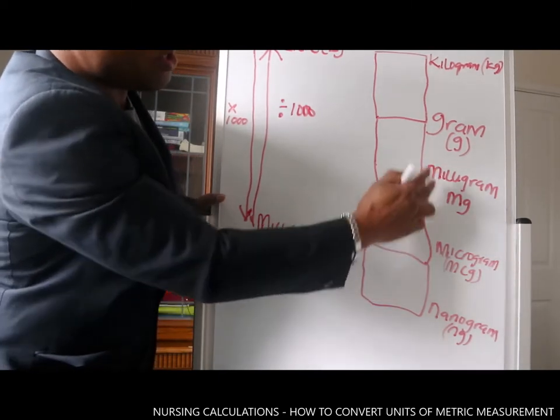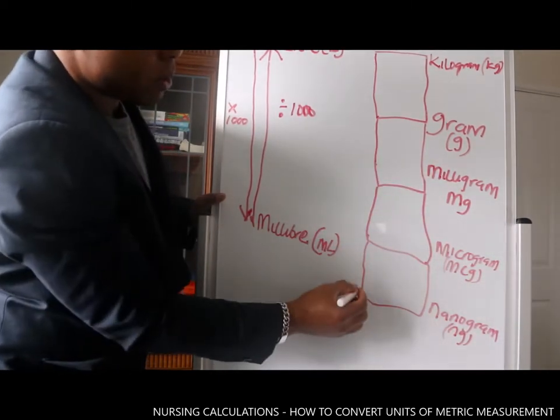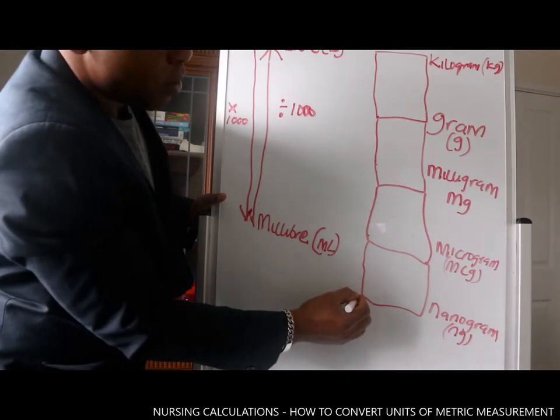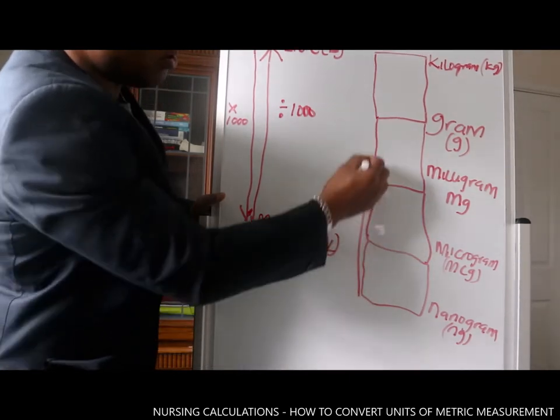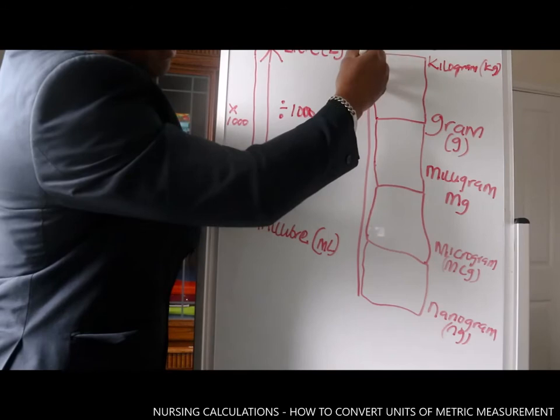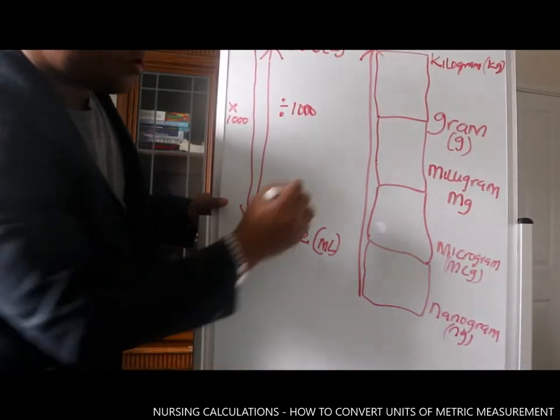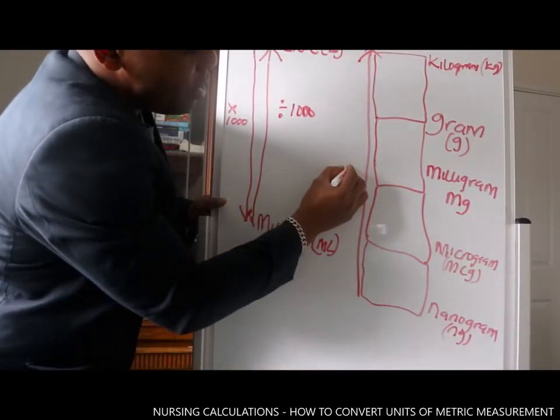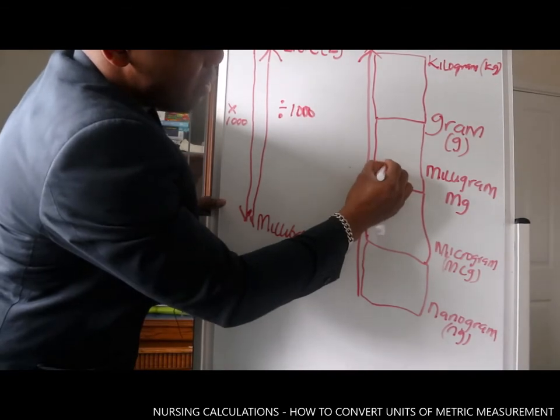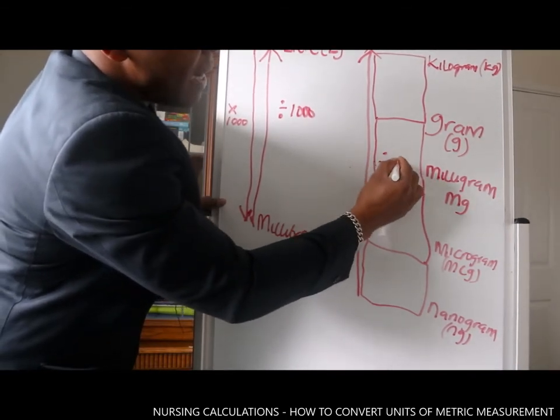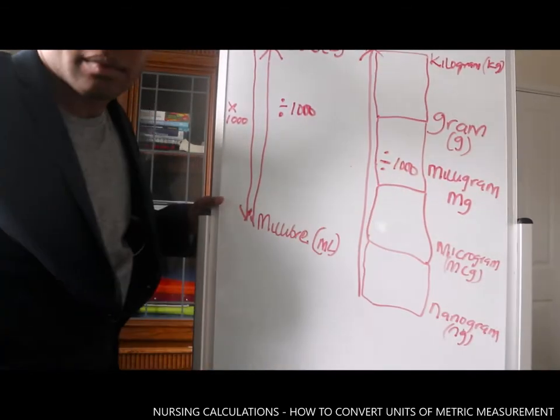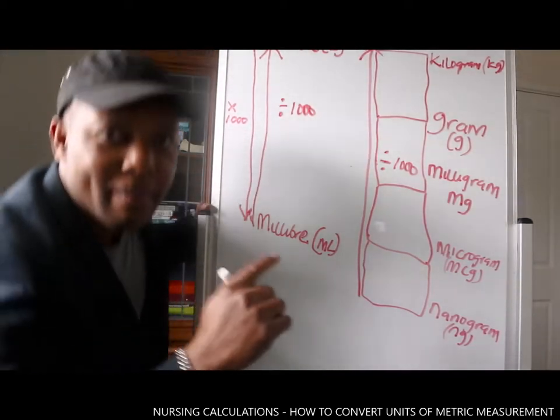So what you need to do is, if you are going from small to big size, you divide by 1,000.